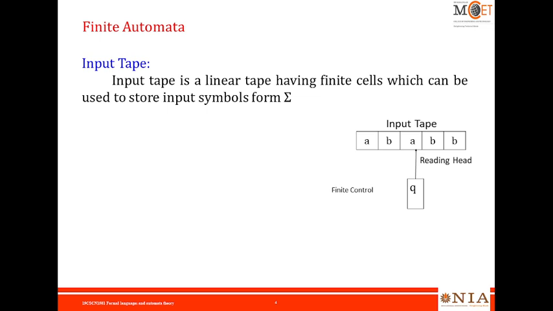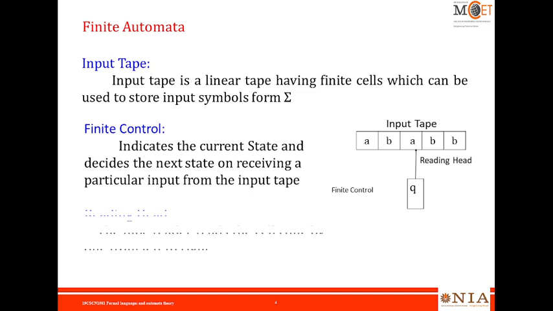Reading head is used to read input symbols from the input tape. And next one is the finite control. Finite control points to the current state and it decides to move to the next state on receiving the input from the input tape. Read head reads input symbols from left to right.